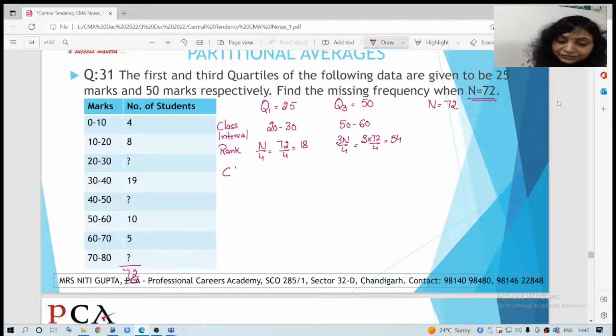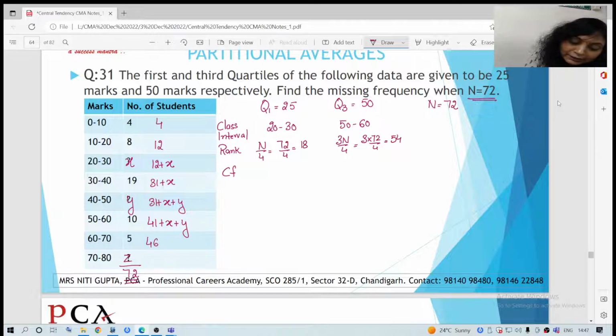So now the CF of the preceding class. First find out the CF, starting from 12. I have taken the missing frequencies as x, y and z. So this is 12 plus x, 19 plus 12 is 31 plus x, 31 plus x plus y, 41 plus x plus y, 46 plus x plus y, and 46 plus x plus y plus z.